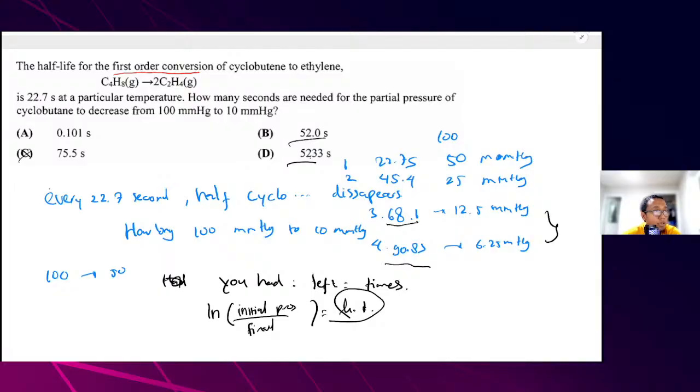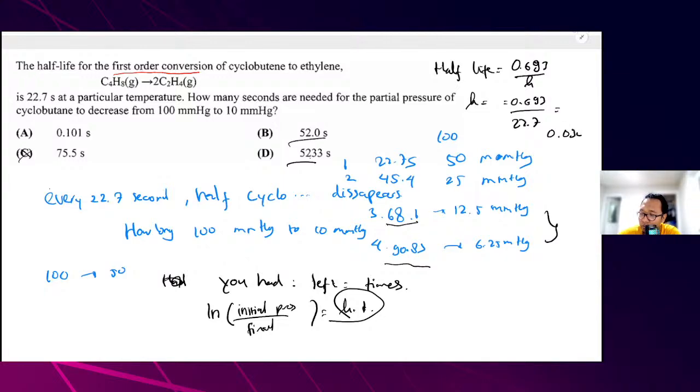From first-order chemistry, we know the half-life is 0.693 divided by k, so k is 0.693 divided by 2.7, which is 0.0305 per second.